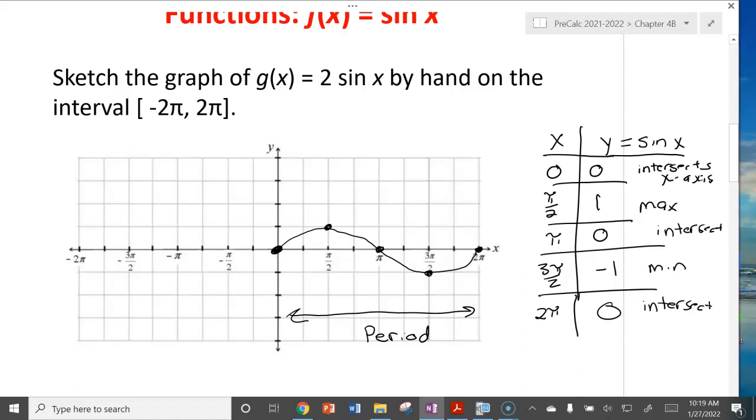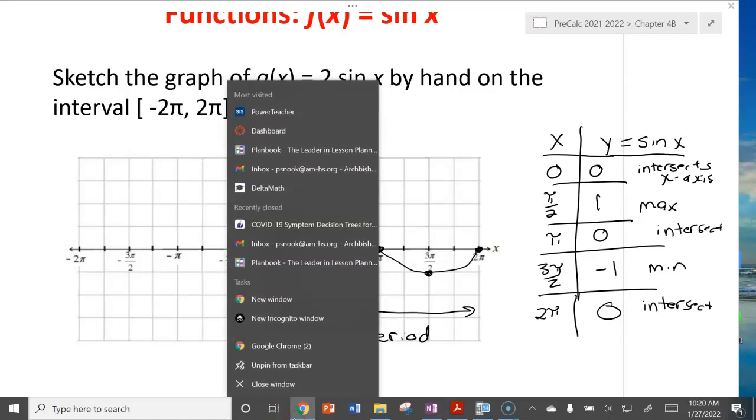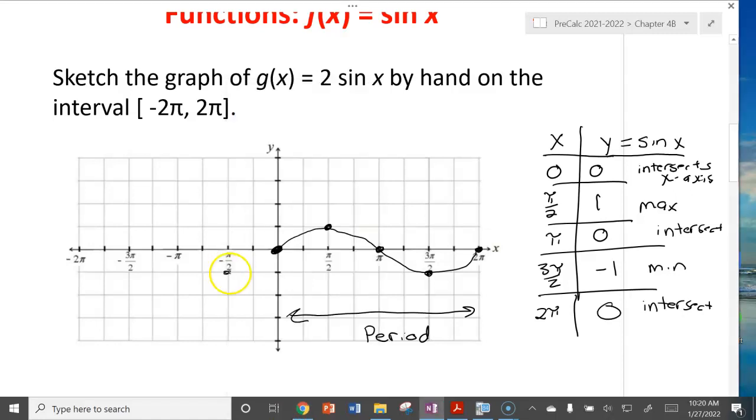You're going to have 5 of them: the left point, the intersection, the maximum, the intersection, the minimum, the intersection, and the right point. And this is a periodic function. That means it repeats, so it's going to do the same thing over on the left side. So our whole sine function is going to look like that.